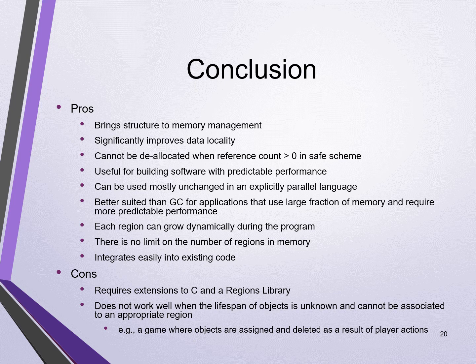Gay and Aiken provided a region-based memory management technique that combined efficiency and safety. Their technique typically used less memory while being as fast as the 2 typical approaches of Malloc-free and garbage collection. A programmer could use this technique to explicitly set the locality of object allocations.